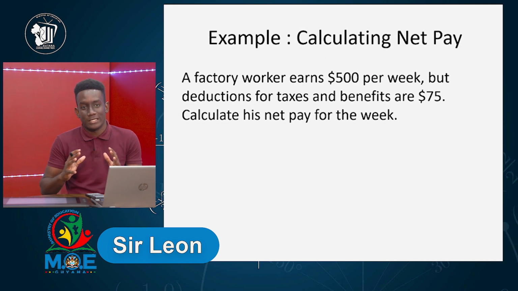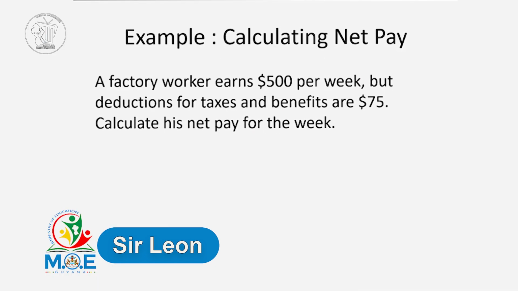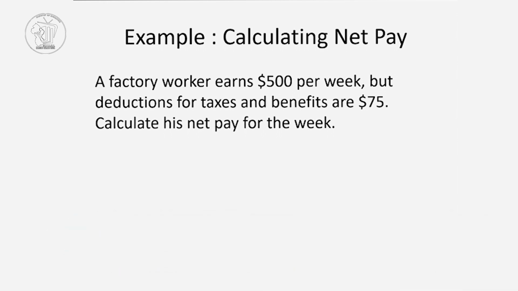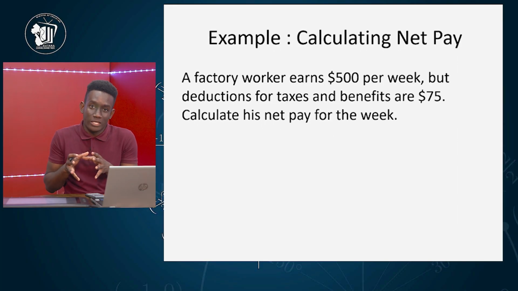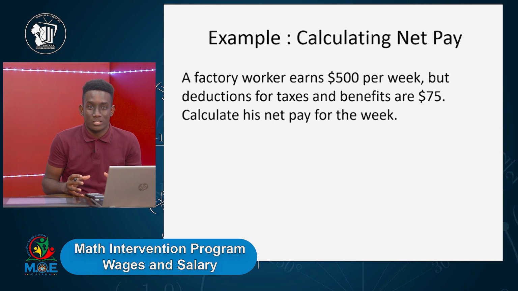Next, we want to calculate the net salary or the net pay. So this question says, a worker earns $500 per week, but deductions for taxes and benefits are $75. Calculate his net pay. So remember, the net pay or the net salary would be the amount of money after all of the deductions come out.